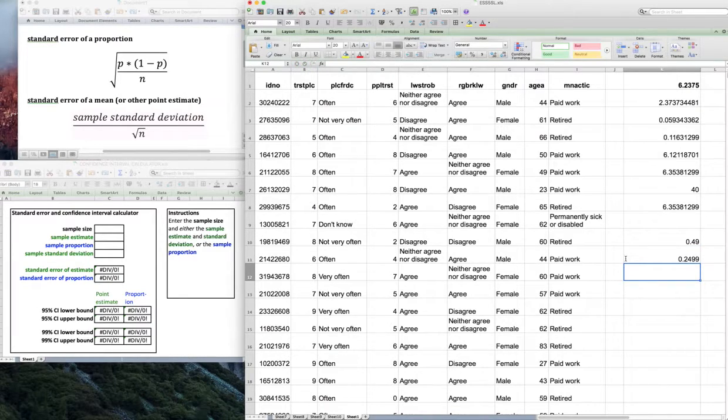Which comes out at 0.2499, or virtually 0.25. We need to divide that by n, which as before is 1600, which gives us that figure there, and then we need to take the square root of that figure.